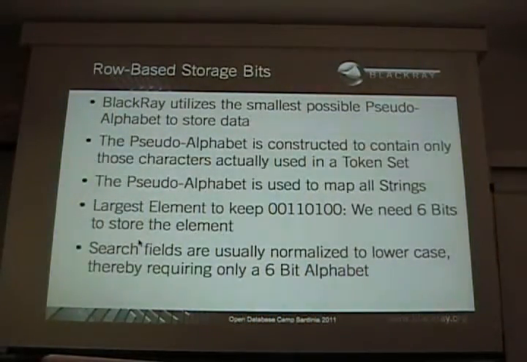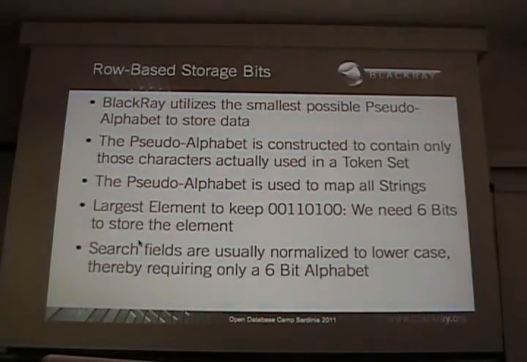We do something we call row-based storage bit compression. When you load data into BlackRay, it's all UTF-8. That's the only encoding we support at this point. But rather than storing variable length or UCS16 strings, we actually create a pseudo alphabet. We look at all the characters that occur in all the tokens and build a new alphabet.